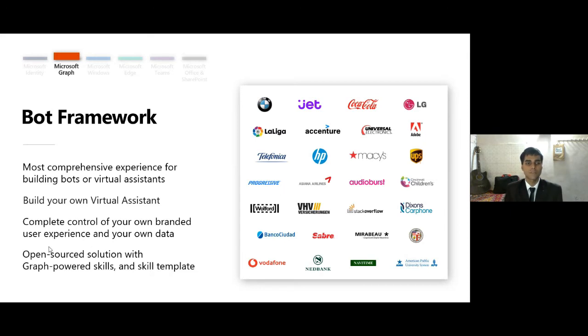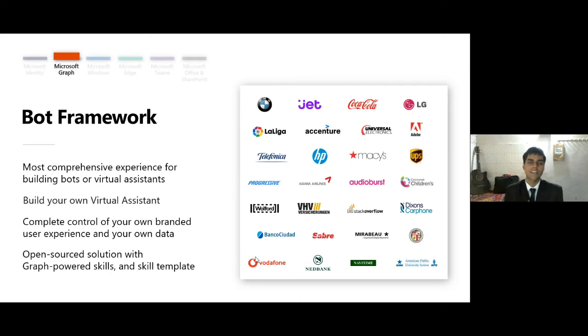So bot framework has more comprehensive experiences, and you can also build some bots on Telegram and use those APIs here. There are various APIs provided by Microsoft itself on the bot development framework, and you can have your own virtual assistant like what we have with Cortana. Cortana is a very advanced application for bots, but yes, in some manner, Cortana or Apple Siri or Google has one bot.